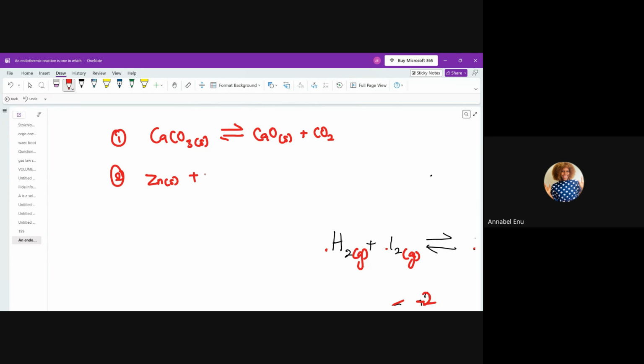For the first one, and then we have another one here. This is also aqueous, plus, you see how many we have?